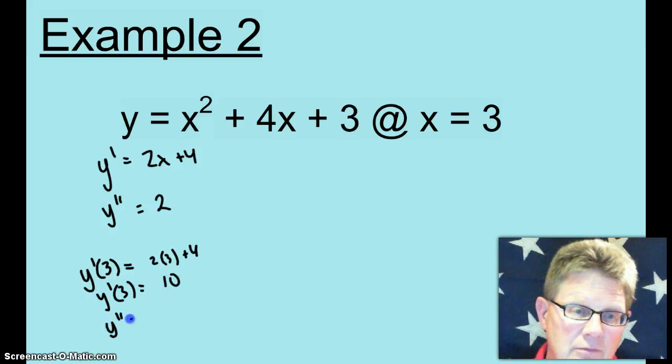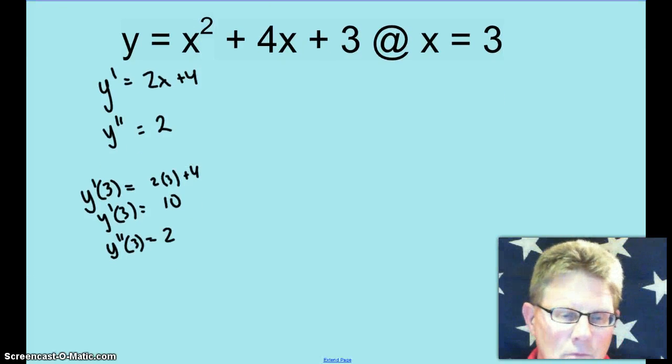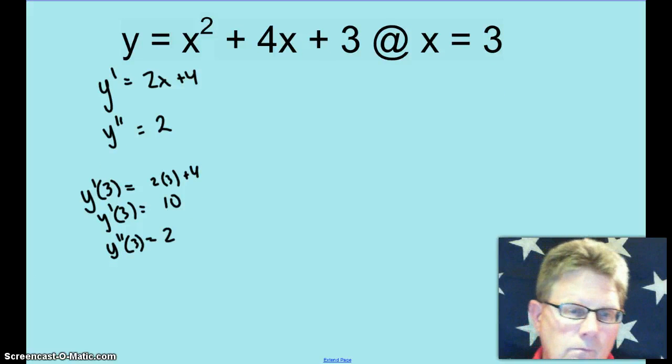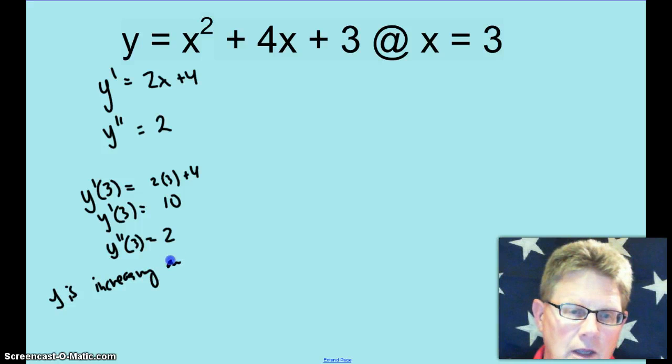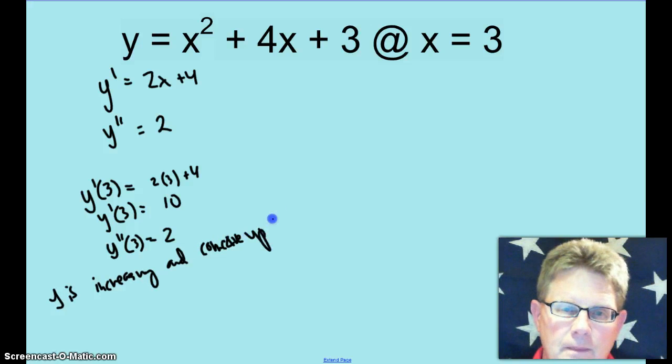Y double prime of 3 equals 2. So y is, hey, I said it right this time, increasing and concave up at x equals 3.